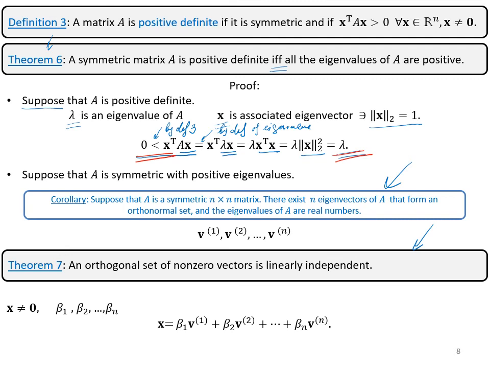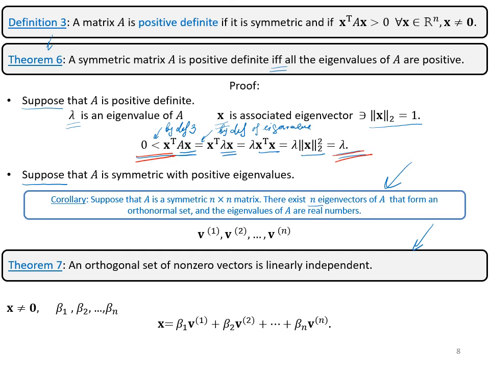In this case, suppose that our matrix A is symmetric with positive eigenvalues. Now this is given, that lambda is greater than 0. So, by the corollary, if A is a symmetric matrix, there exist n eigenvectors of matrix A that form an orthonormal set.